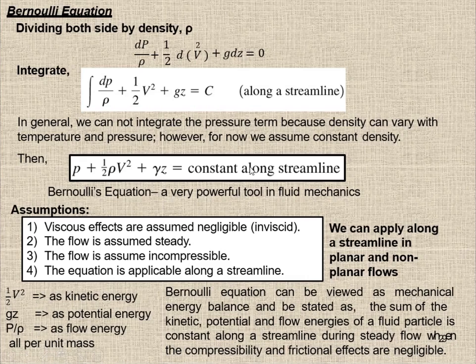If the fluid is moving from one point to another point, its total energy is conserved. So we can equate P1 plus rho v1 square over 2 plus gamma z1 to P2 plus rho v2 square over 2 plus gamma z2. All the energy at one point is equal to the energy at the other point.